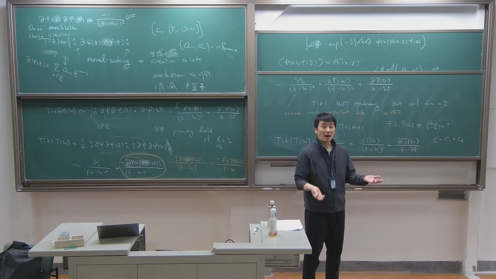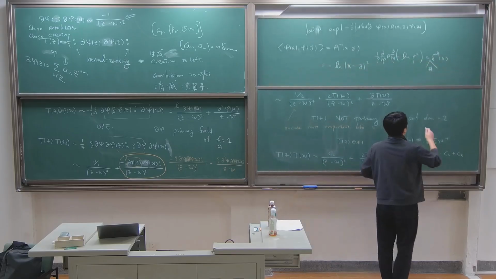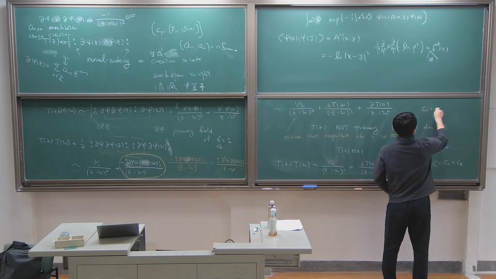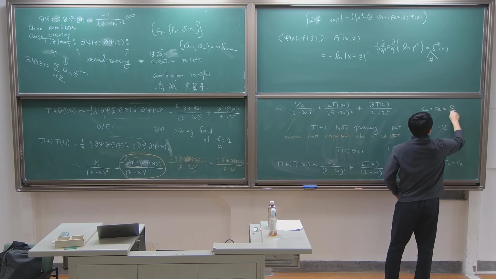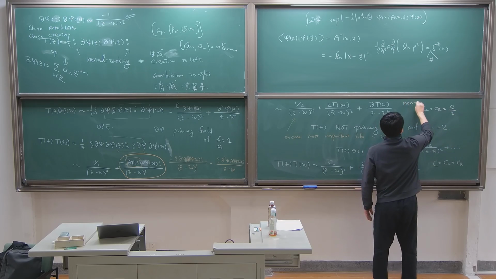That is called chiral CFT. You can distinguish left moving and right moving. So therefore, the theory is called chiral. But in this lecture, we only focus on C L equal to C R equal to C over 2, and non-chiral.